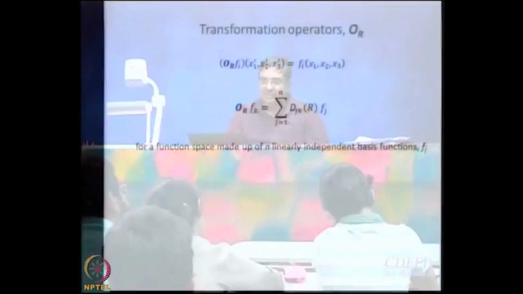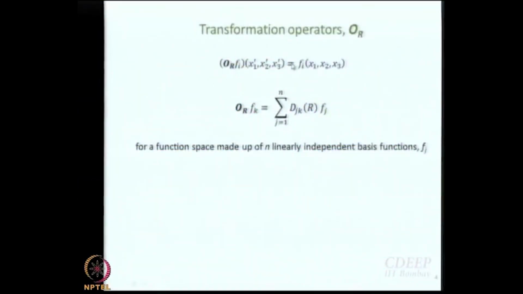First property we discussed already, and this is something that is of central importance that keeps coming back to haunt us, that is OR Fi in transformed coordinates is equal to Fi in the original coordinates. Makes sense? Because if you take the function and perform a C3 rotation or whatever it is, then its coordinates in the original coordinate system would change and the function value would also change.